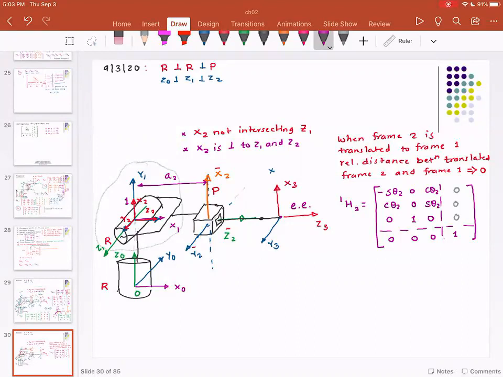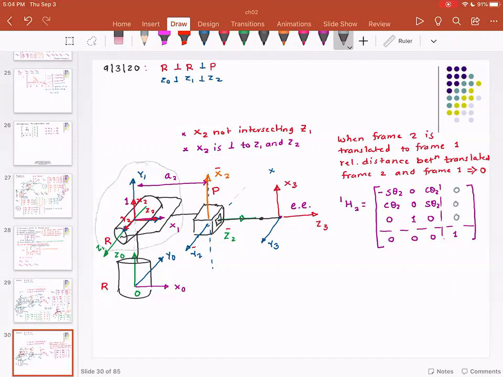What I want you to understand is the way we derive this rotation matrix. We have taken care of the relative orientations of frame 2 and frame 1, which means I could directly go to frame 3. And please understand, you have a prismatic joint in between.